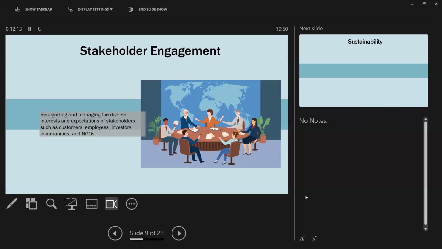So basically, what we're saying is a company will have various and diverse stakeholders. So the company must be able to recognize the stakeholders and also manage the stakeholders. So that's why there's what they call stakeholder engagement.